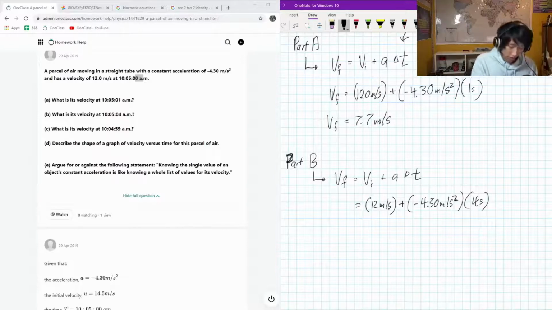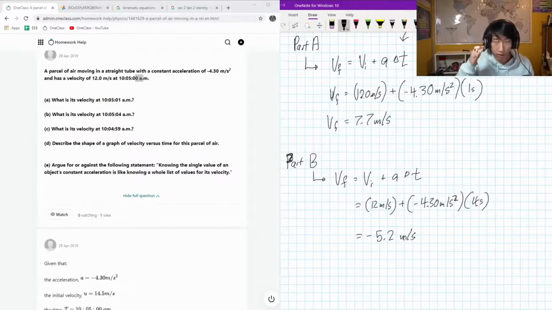Okay, so in this case, 12 minus 4.3 times 4. This is going to be negative 5.2 meters per second. Essentially you were going forward, but you were decelerated so much that you started to go in reverse.